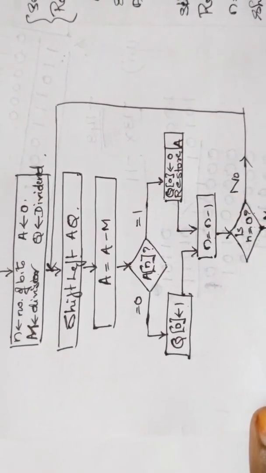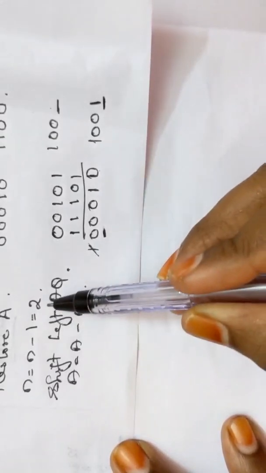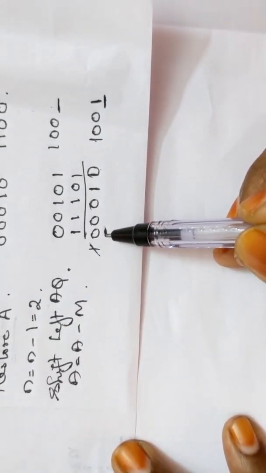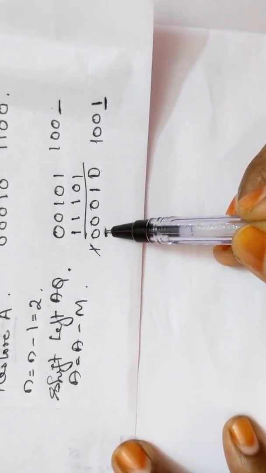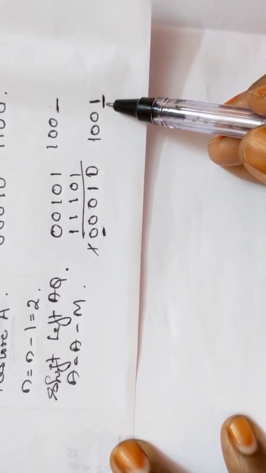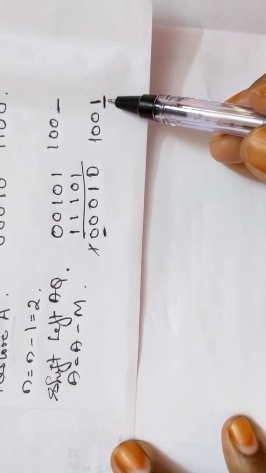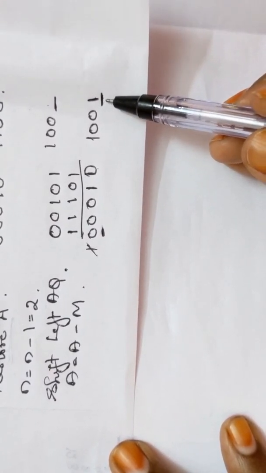So we can continue the example. So now the n value is equal to 2, and since the value of the nth bit is equal to 0, we just added 1 to the Q register. Q0 bit is 1. No restoring is being performed.